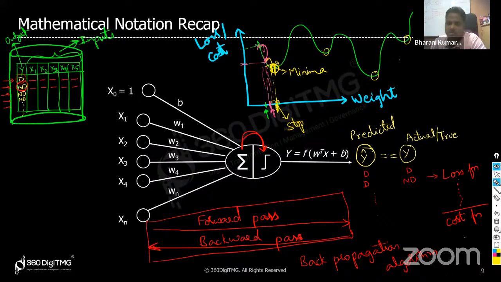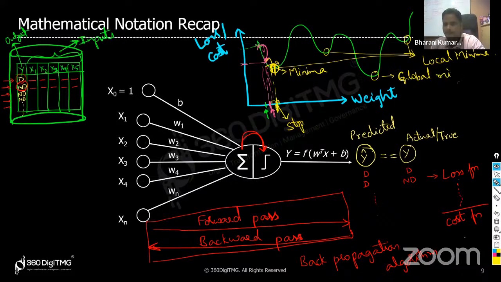All these minimas are called local minima. And the minima which is minimum of all is called the global minimum. Okay, you have a lot of minimas, but the minima of all is called the global minimum.